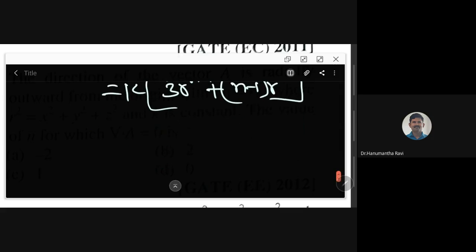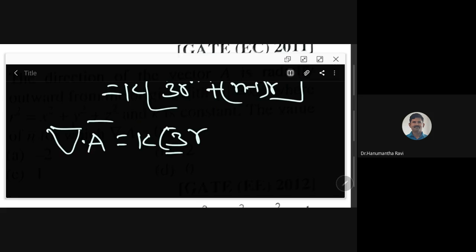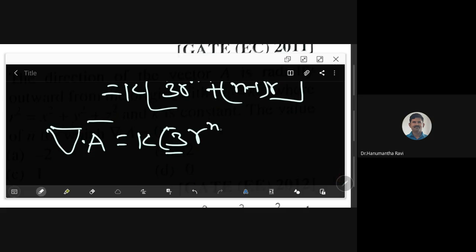The divergence of A bar is k into [3 r power n minus 1 plus n minus 1 into r power n].